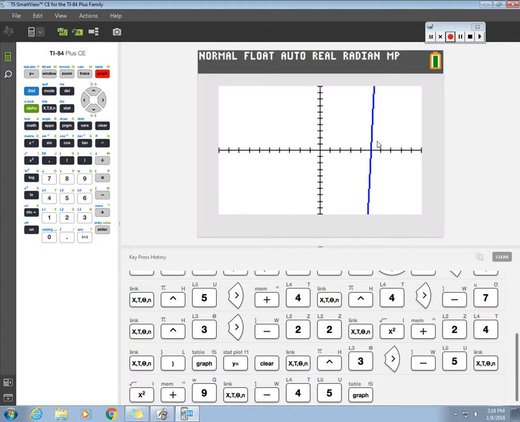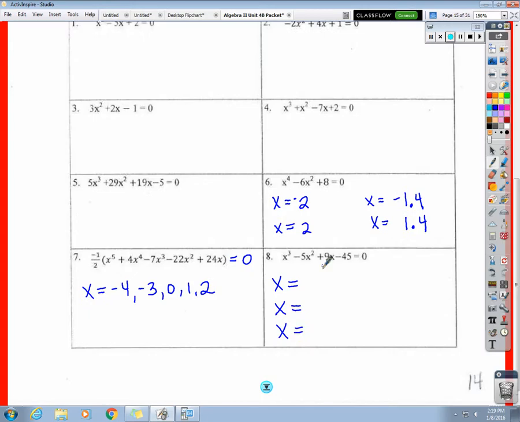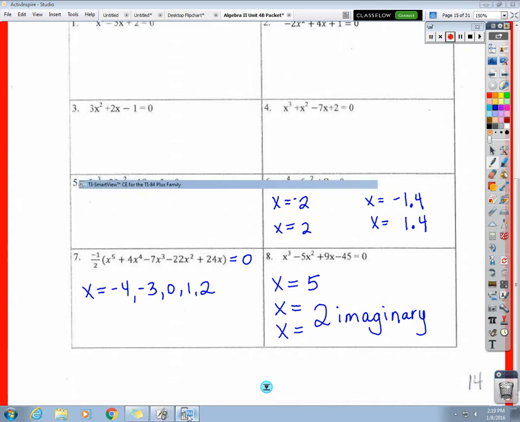So for this, we have one real solution. So the other two are imaginary. Okay? So our one real solution is at 5. The other two are imaginary solutions, which is what we're going to learn about today. We're going to figure out how to find out what those imaginary solutions equal. So now what I want you to do is turn to page 18.